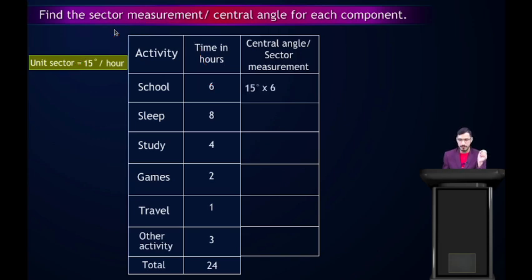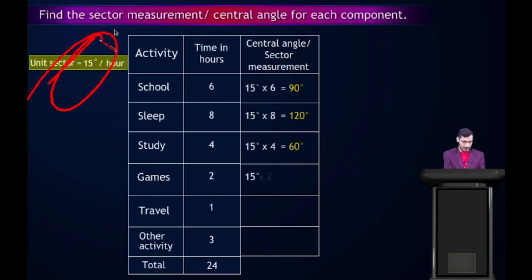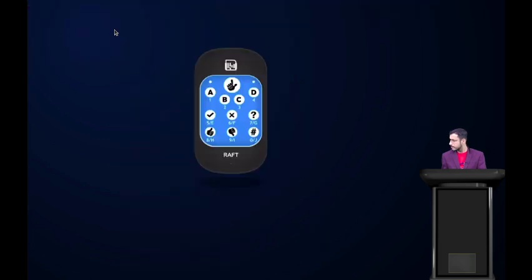So we can find the angles: 15 sixes are 90, again 15 eights, 15 fours, because we find the unit sector, then multiply by the time segment. 15 twos, 15 ones.